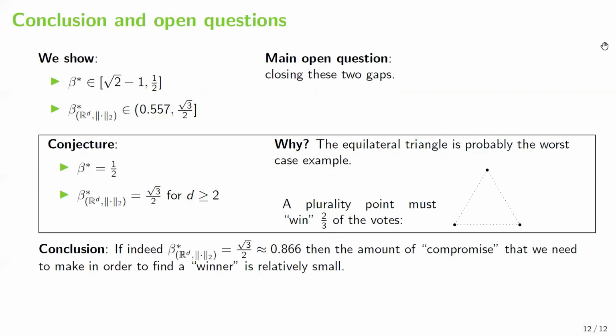And finally, if indeed the beta that we need in spatial voting is square root 3 over 2, which is approximately 0.866, then it means that the amount of compromise or relaxation needed in order to find a winner in such a voting system is relatively small, which is a desired property of a metric space.